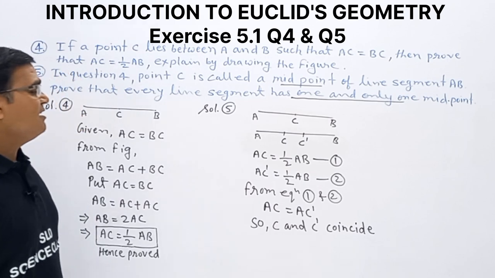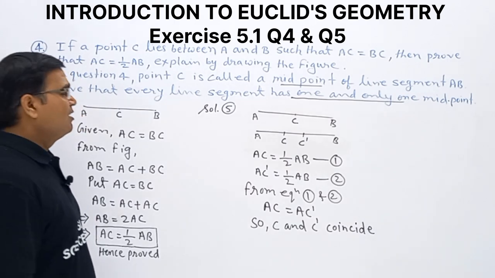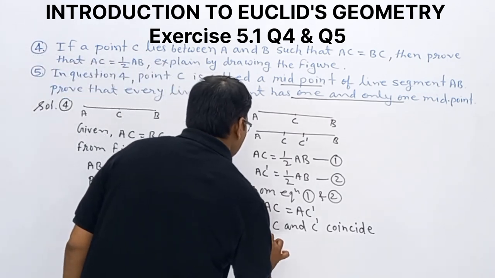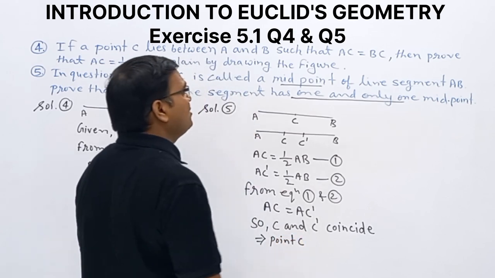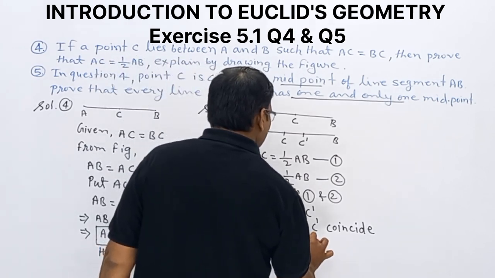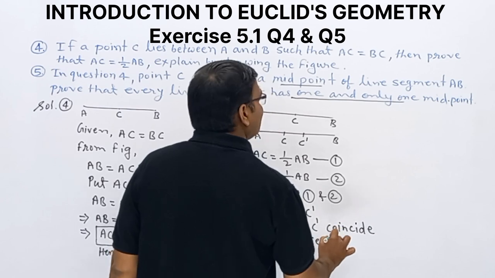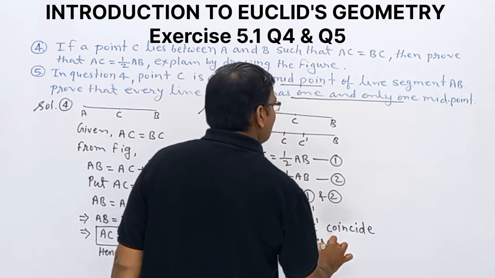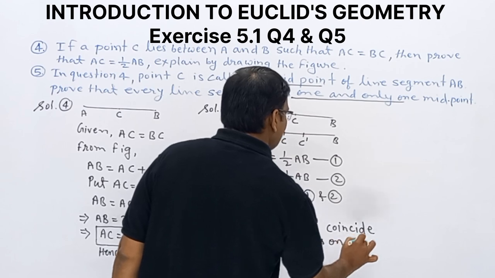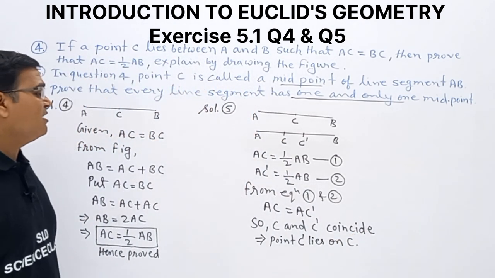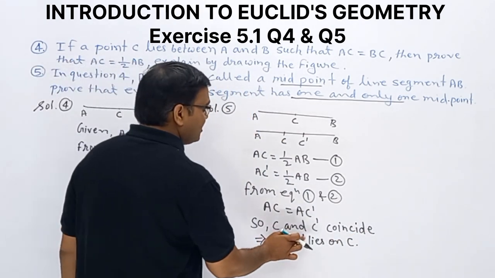So C and C dash coincide, which implies point C dash lies on C.